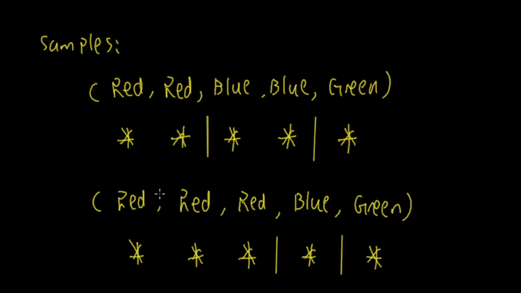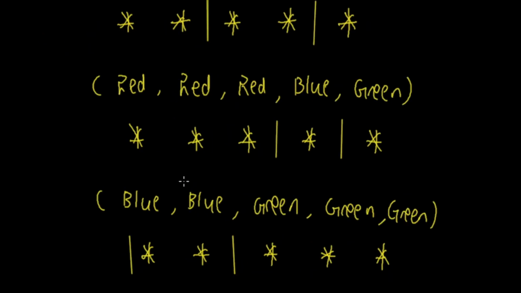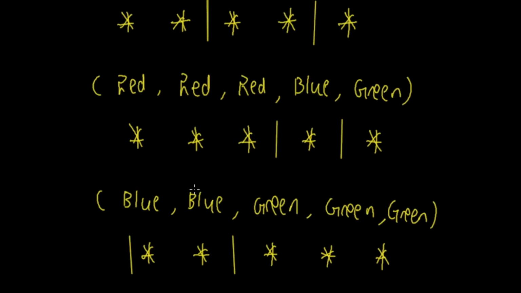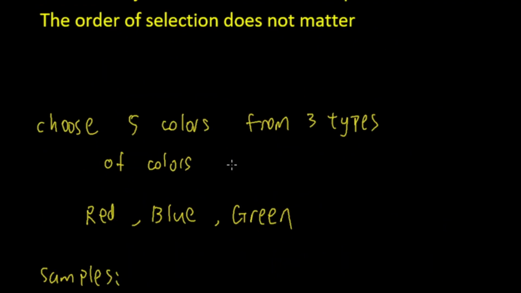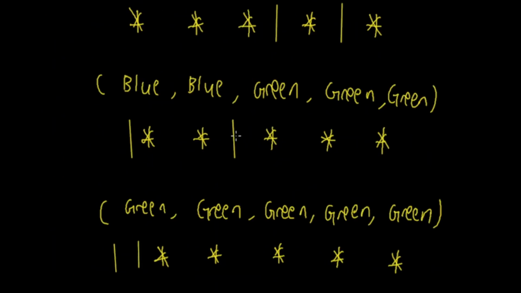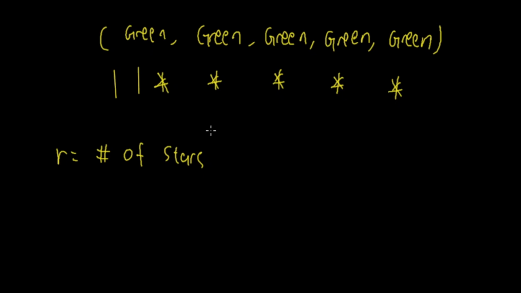You don't put a bar on the far left or the far right, because there are no more categories there. So in every sample, to separate 3 categories you just need 2 bars. Here n is 3, 3 items, but always 2 bars. So n minus 1 is the number of bars.